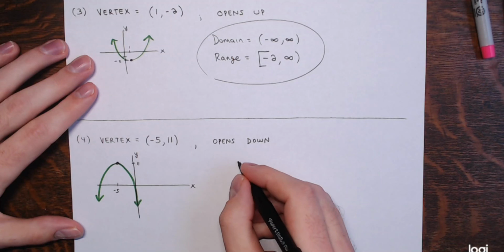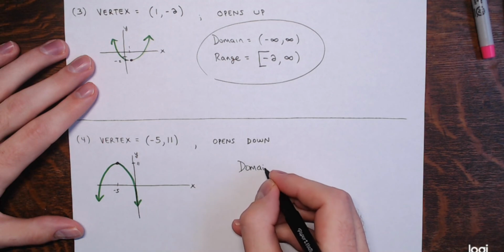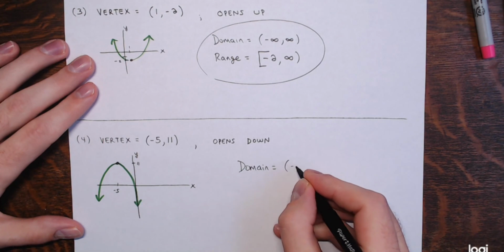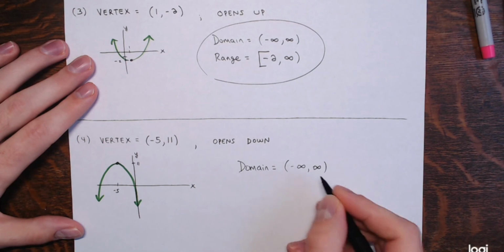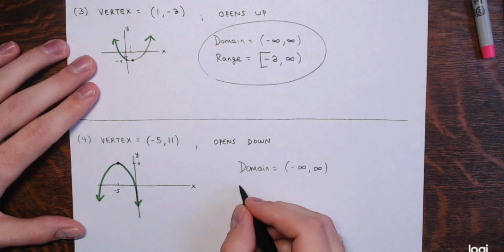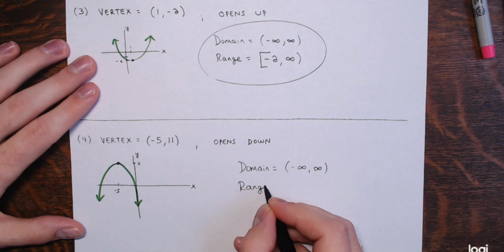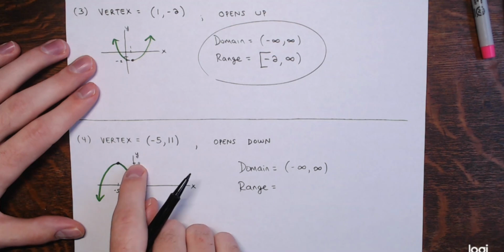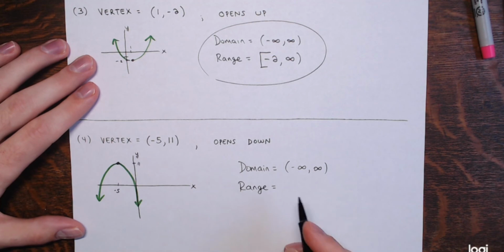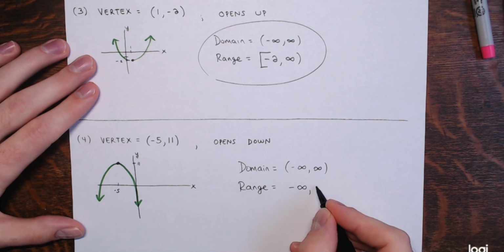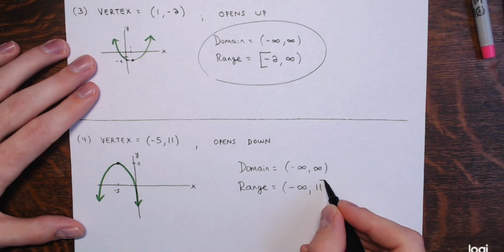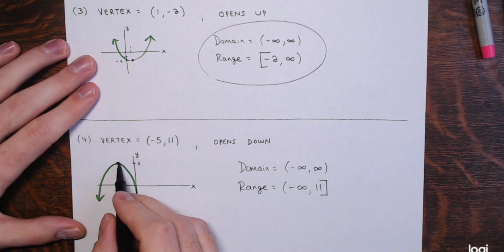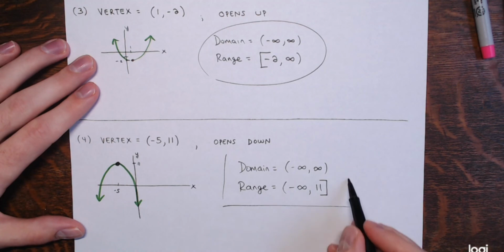What would be the domain and the range for such a function? Domain is all real numbers, right? This is the case for any quadratic function. The range, though, is all the values below 11, up until 11, including 11, and nothing above 11. So from -infinity up to 11. And again, a bracket on 11, because 11 actually is the y-coordinate of that vertex point. And there you go. Very, very simple.